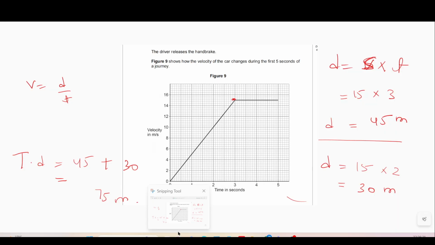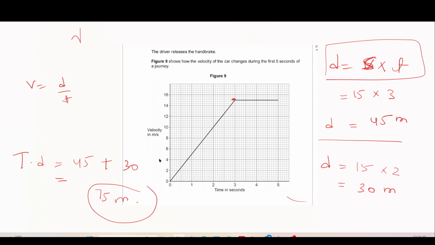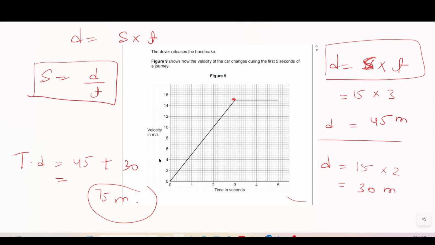Let me show you. This is the distance. See, we used this formula: distance equals speed times time. But isn't that velocity? No, that's speed. Velocity is displacement over time. Speed is distance over time, right? This is the formula we used for distance. We multiplied these two.